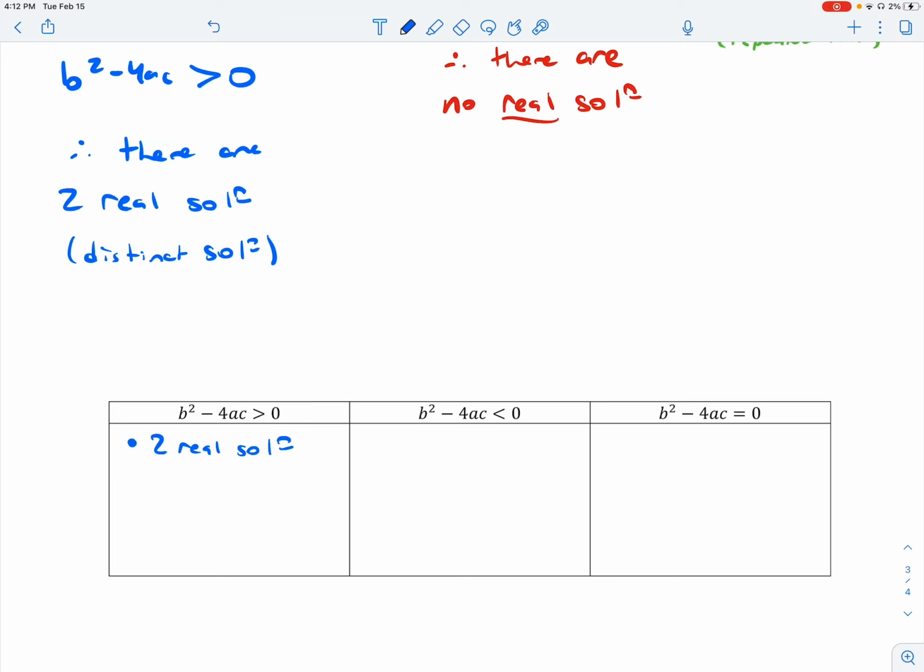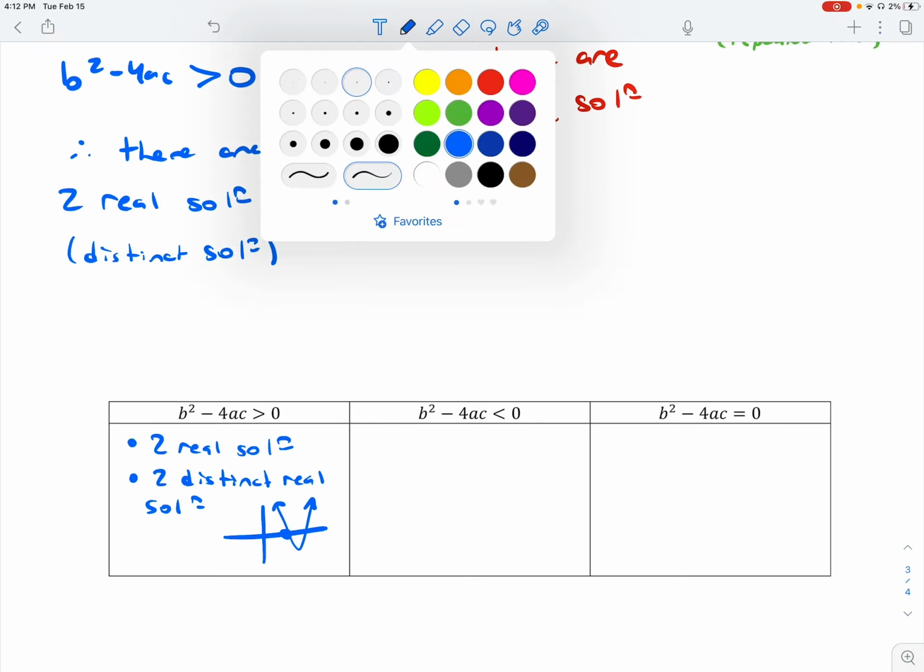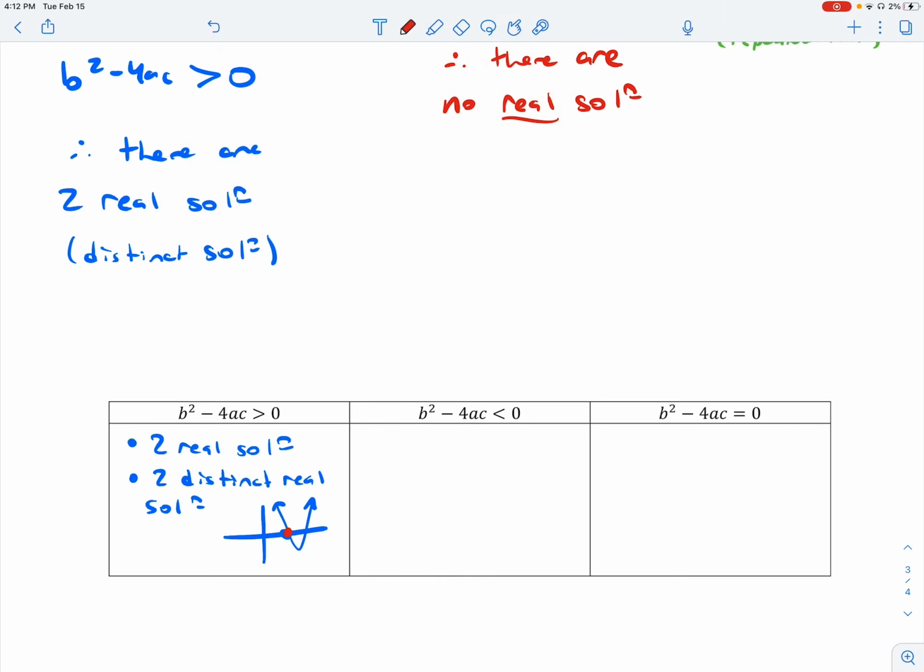Okay, and sometimes it's also worded as two distinct real solutions. The part distinct just meaning they're unique to each other. And here's an example. We could have a parabola open up, and there's our two solutions. I'll highlight them in red. The two x-intercepts there.